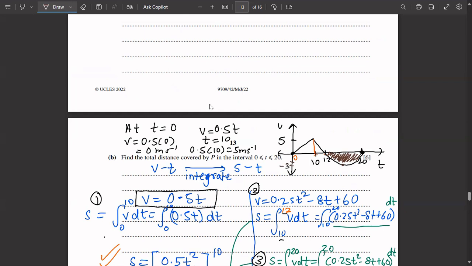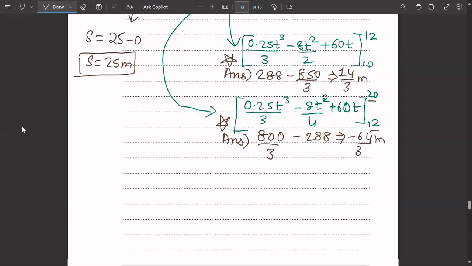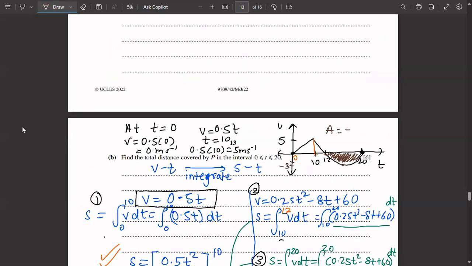After integration, the area we got was -64/3. But we have to find the total distance covered, so we will not consider this as negative. We will consider this as positive.